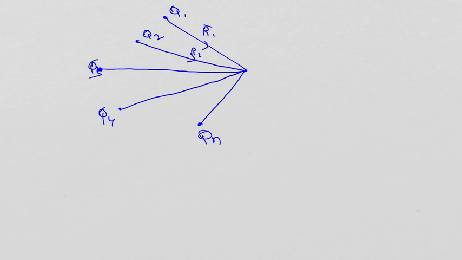The second distance vector is R2, the third is R3, the fourth is R4, and the nth is Rn. If you want me to indicate the direction, I mention it with the help of AR1, AR2 the unit vector along the second vector, this is the unit vector along vector 3, this is the unit vector along the fourth vector, and this is the unit vector along ARN, because it indicates only the direction.